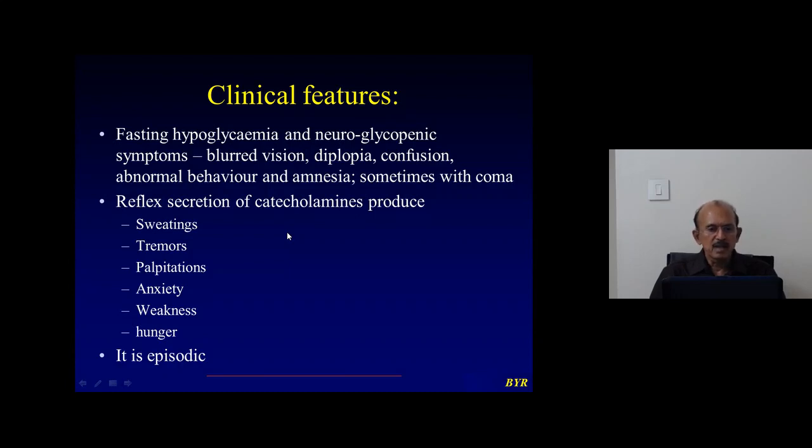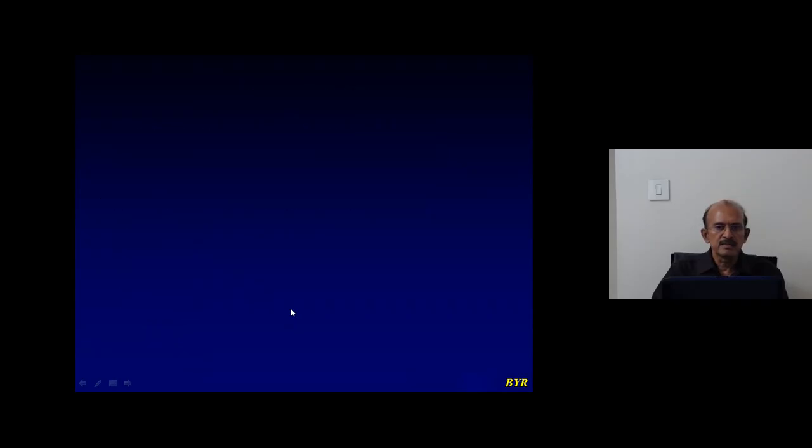And these symptoms can be episodic. That means they may be there recurrently, not constantly. For 2 or 3 weeks, the patient will have these symptoms, then they subside. Then they reappear after a month or two. So they will be having repeated attacks.